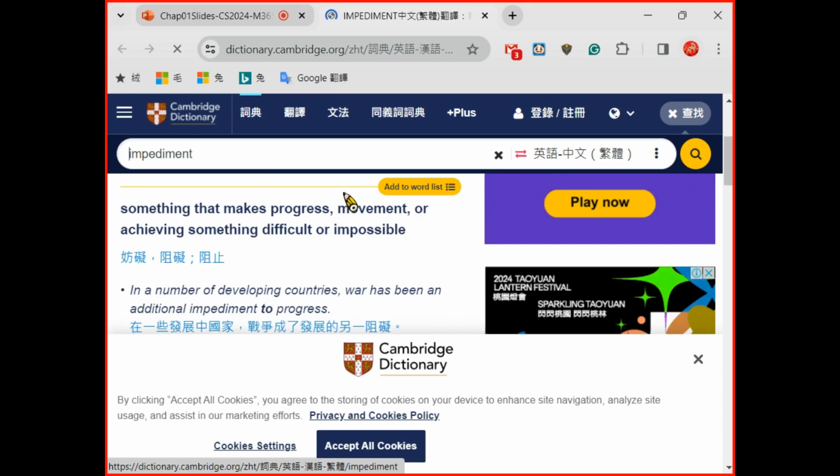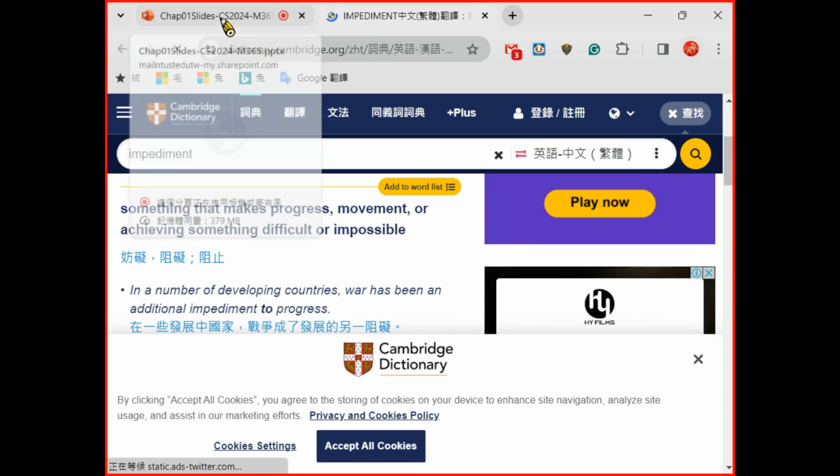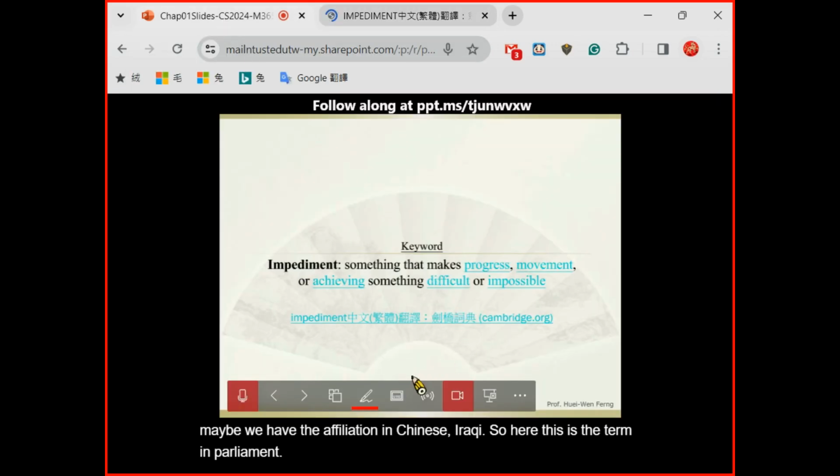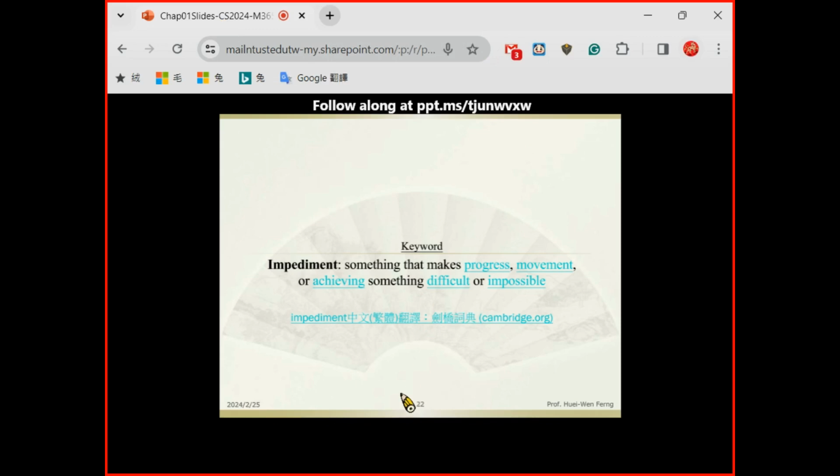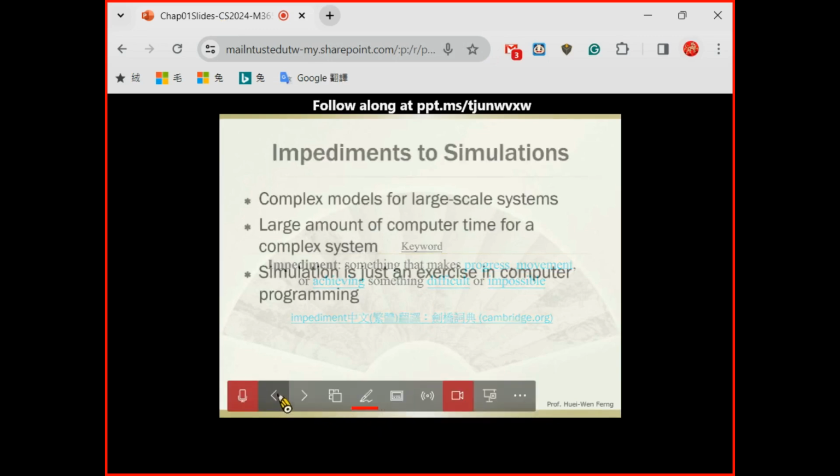Of course, for impediment, we have a definition in English, or maybe an explanation in Chinese already. So here, this is the term impediment. Is it okay? All right, so, impediments to simulation.